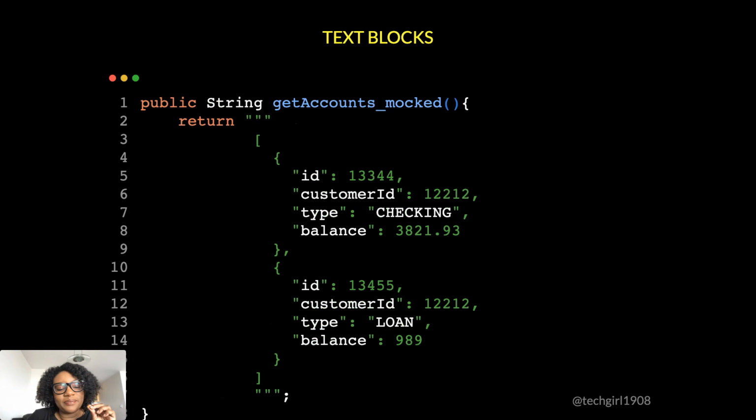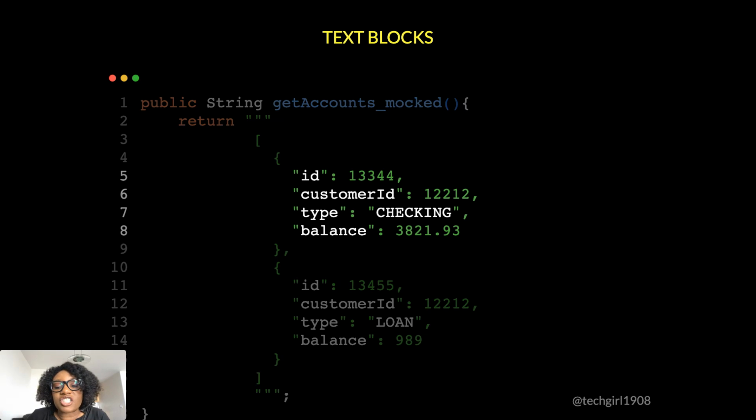Text blocks. Text blocks allow you to use 3 quotation marks to open and close a big block of text. So notice you don't need to escape anything. The individual quotation marks are still there on the fields, and the line breaks are respected.